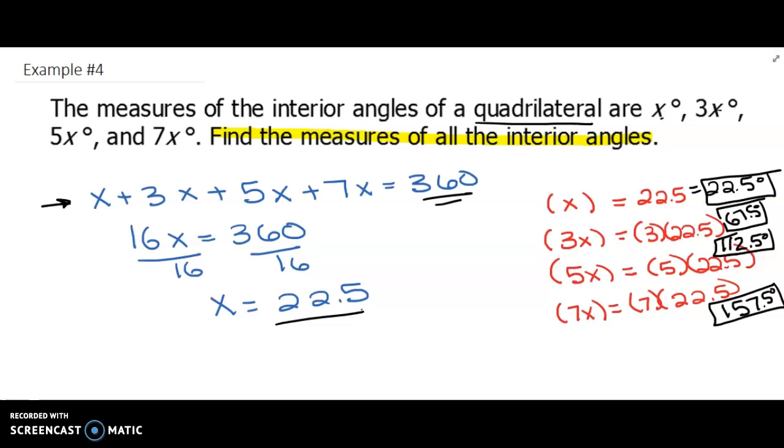The question said find the measures of all interior angles. So I want to plug this 22.5 in for x, 3x, 5x, and 7x, which is what I've done over here. And so I get right here in black 22.5 degrees, 67.5 degrees, 112.5 degrees, and 157.5 degrees.